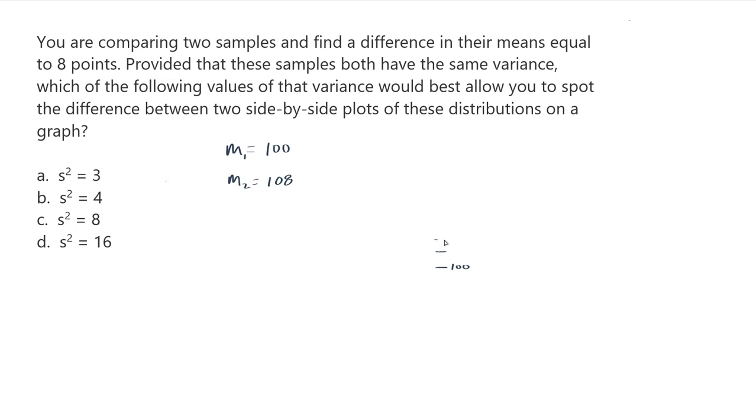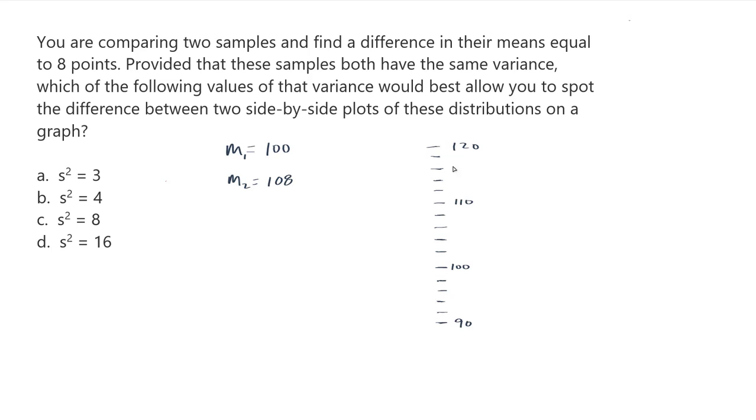So 2, 4, 6, 8, 10, that's 110. 2, 4, 6, 8, 10, that's 120. All right, and let's go back a little bit as well. 2, 4, 6, 8. Okay, that should do it for our purposes here.